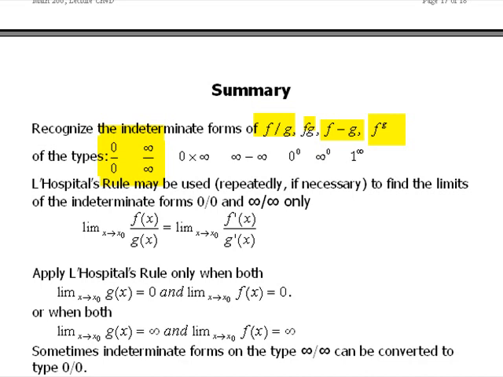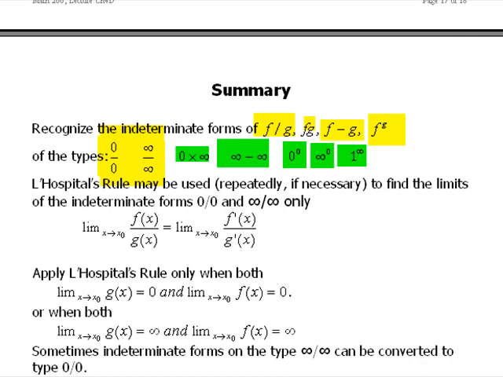There are other forms: 0 times infinity, infinity minus infinity, 0 raised to the 0, infinity raised to the 0, 1 raised to infinity. These are all very interesting, especially if you like to play with numbers and such, but those are a little more esoteric.